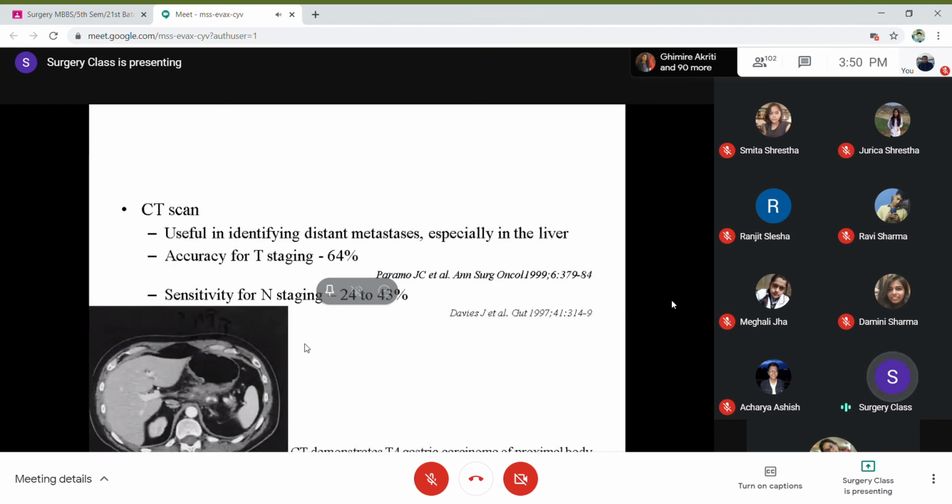The CT scan again will give rise to the proper staging of the tumor. See, you can see here the antropyloric region, and there is a tumor in the proximal body of the stomach. So this could be a GE junction tumor which has involved the esophagus. You can hardly see the esophagus here.